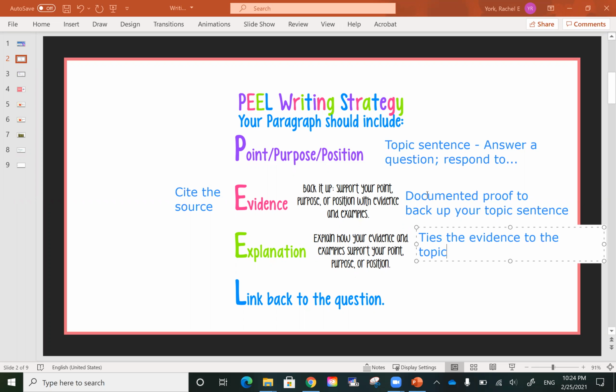How does this piece of evidence that you found relate to your topic, your point, whatever? Okay. So say that you're trying to make a point of how having a full night's rest is a benefit to student learning. Okay. That would be your point. That's your topic sentence.